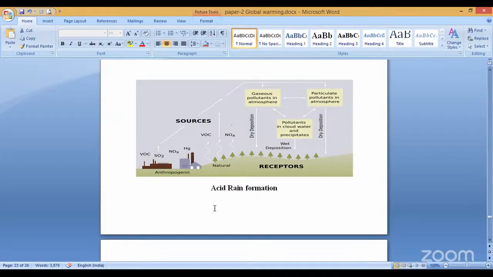These are the sources of acid rain formation, and they can react with the gaseous pollutants in the atmosphere along with the particulate matter.